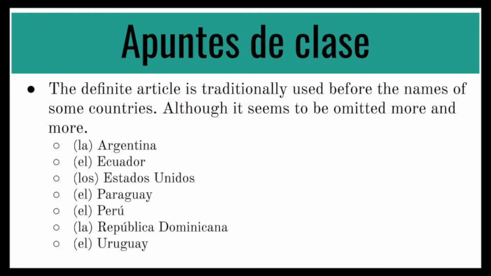Third, the definite article is traditionally used before the names of some countries, although it seems to be omitted more and more. We discussed some of these when we did our map skills on Latin America. How many do you remember?